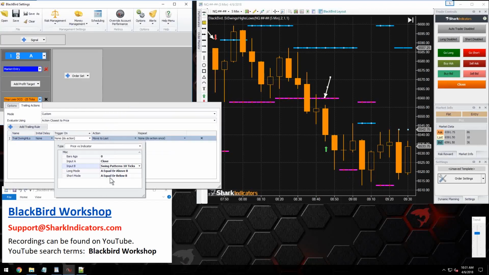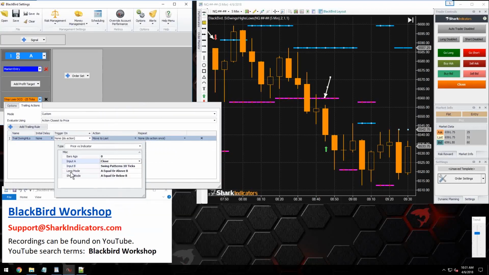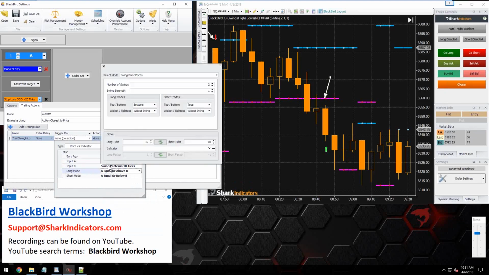So for a long trade, if we look at long mode, the close of the bar, which is A, equals or is above B. And what is B? B is our swing low with a 10 tick offset. You take the plot of the indicator and add 10 ticks to it, so as long as the close is above that 10 tick offset.